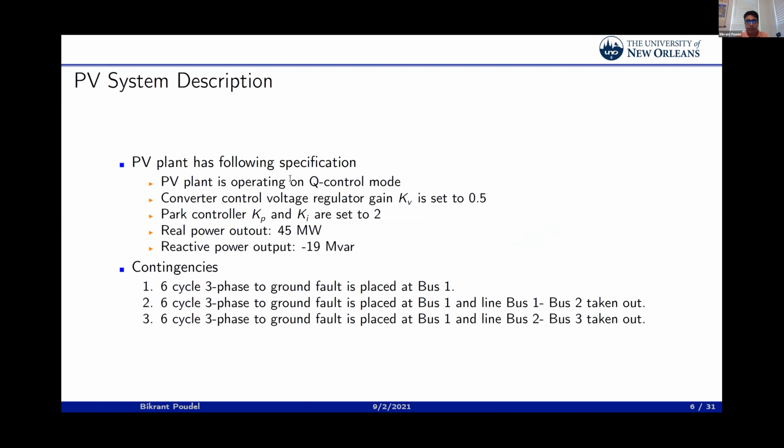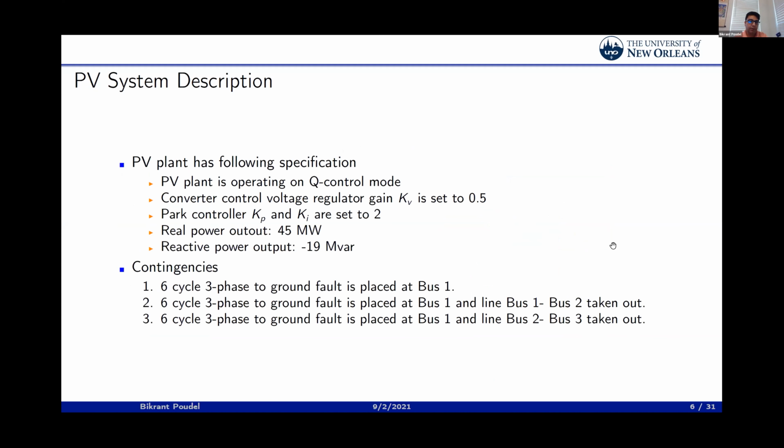For the PV specification, the PV is operating in Q control mode, but for the algorithm to work, you don't always have to have it in Q control mode. You can just use power factor control mode or V control mode. Anything can be implemented. For now, it's done in Q control mode. The value of the converter control voltage regulator gain KB is set to 0.5.